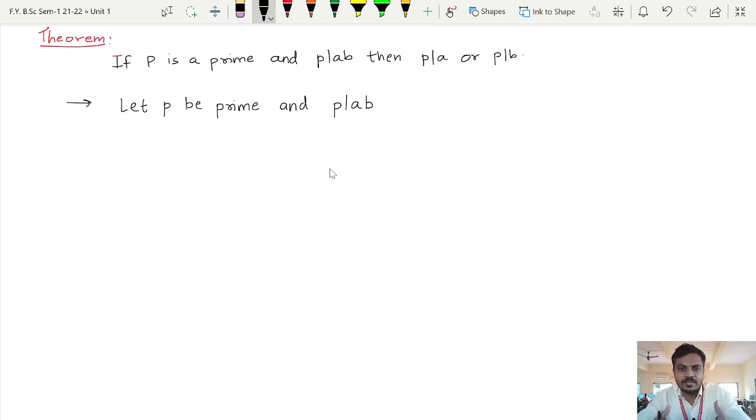As we have seen the concept of divisibility before, A divides B if and only if B is a multiple of A, that is nothing but B can be written as A multiplied by some integer. Now over here we can conclude that since P divides AB, this AB should be a multiple of P, right? So I will say AB is equal to Pk for some k belonging to Z.